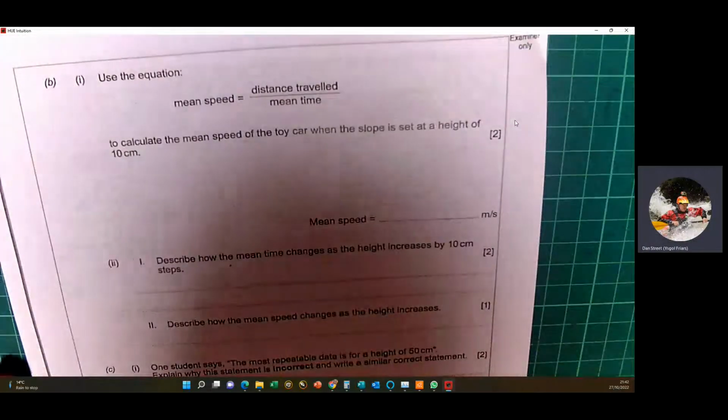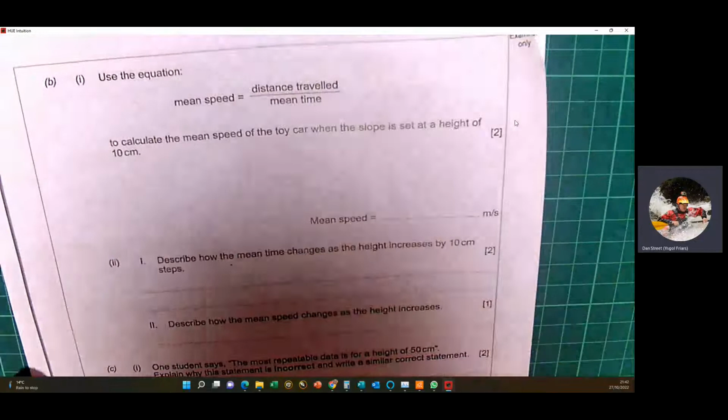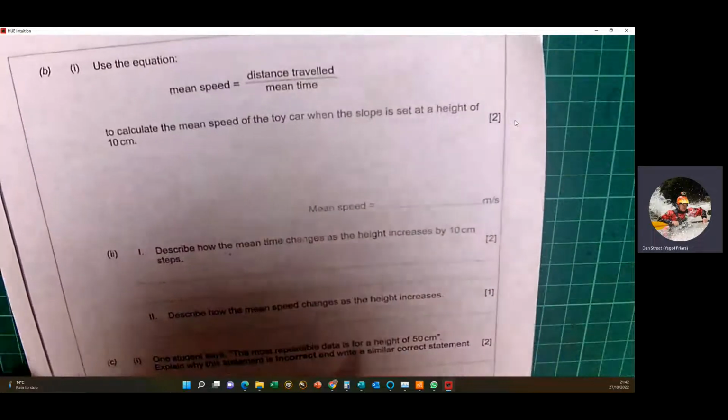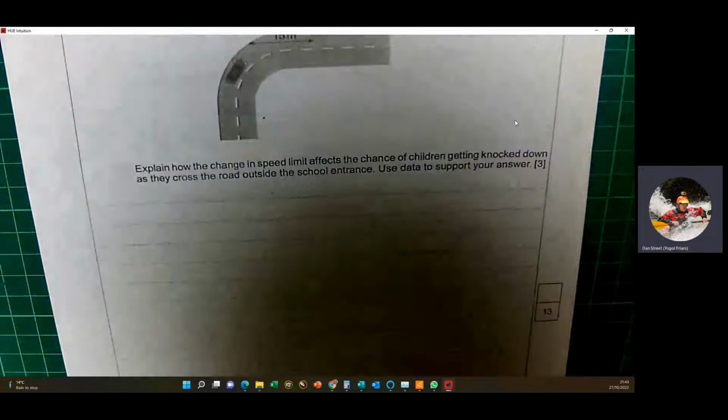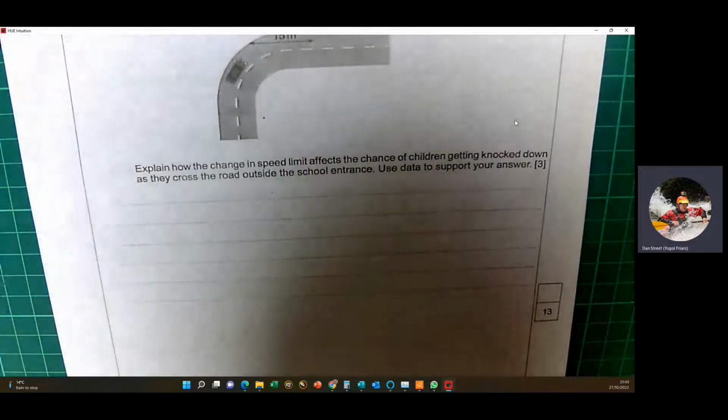Okay, moving on now to the final question. Again, a question where we're given an equation. Use the equation mean speed equals distance travelled divided by time. I've missed a whole page here, so just bear with me. Here we go.